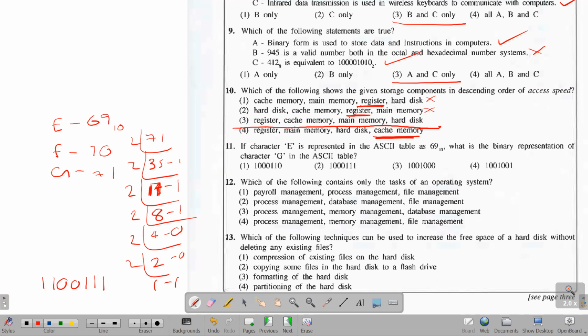Doesn't it have a problem? 69, we are matching in a very good manner, right? E is 69, E F G is 69, 70, 71, 35, 1 is remaining. Is it the answer?